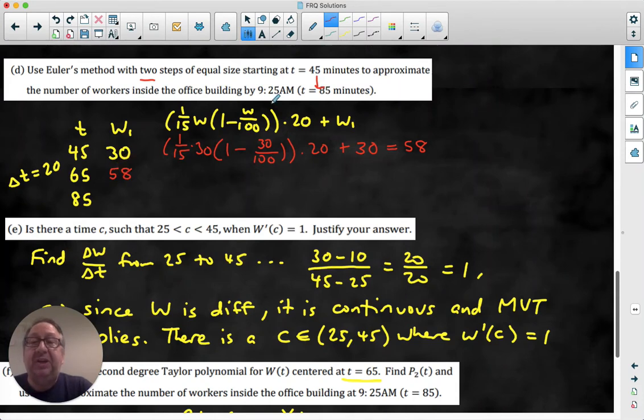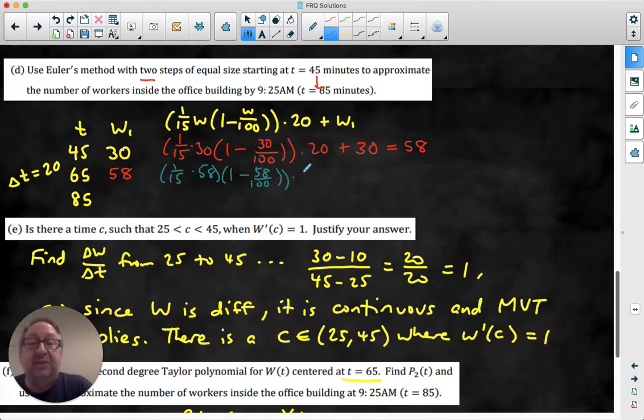And then we just redo this process one more time. So this time now it's 1/15 times 58 times 1 minus 58 over 100. And this calculation is just not particularly nice.